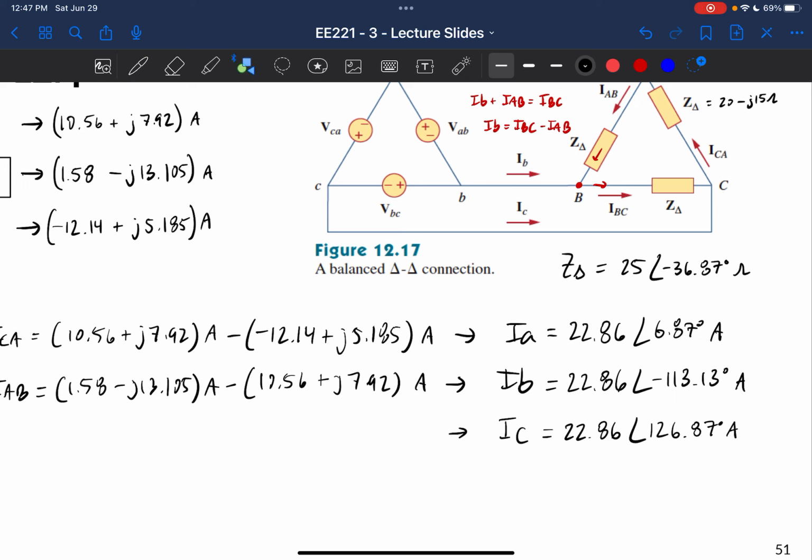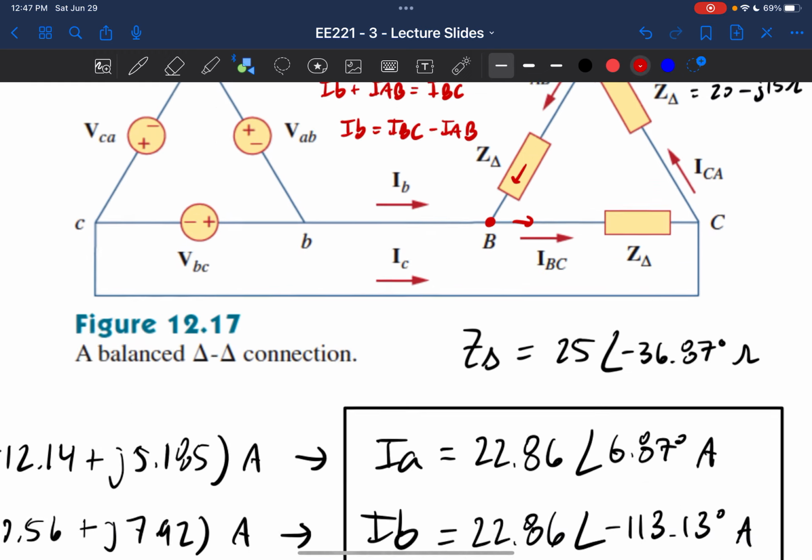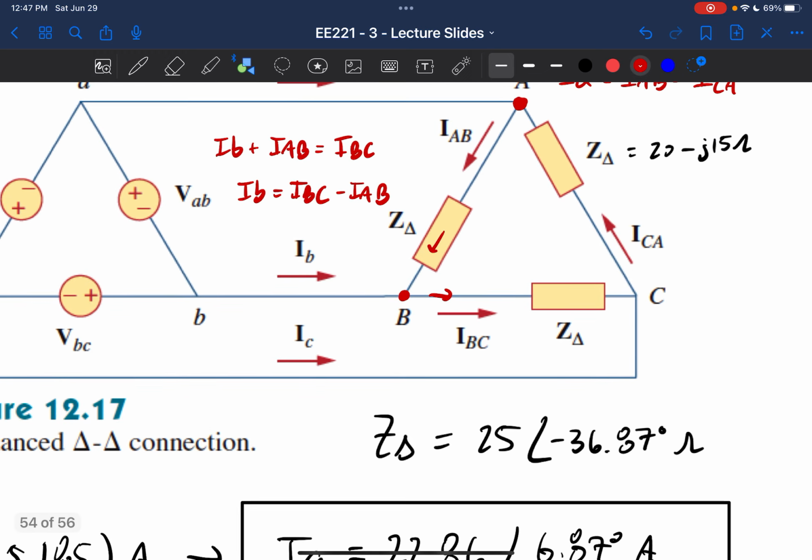And so those are my line currents, but I do want to set up that equation just in case KCL is still not 100% clear to you. It should definitely be clear at this point. That's probably one of the most important things you can learn in circuits, KVL and KCL, which you can always use. So again, we would say IC plus IBC is equal to ICA, right?